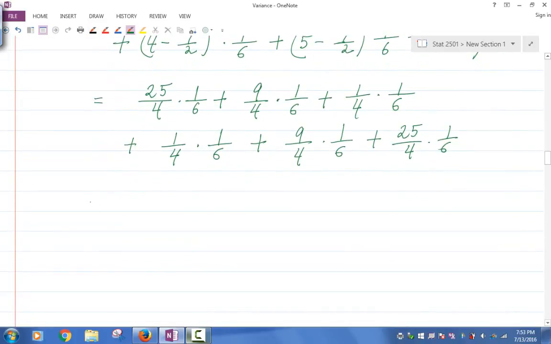And at this point I am just going to factor out 1/4 and 1/6. So if I do that, I get 25 plus 9 plus 1 plus 1 plus 9 again plus 25.